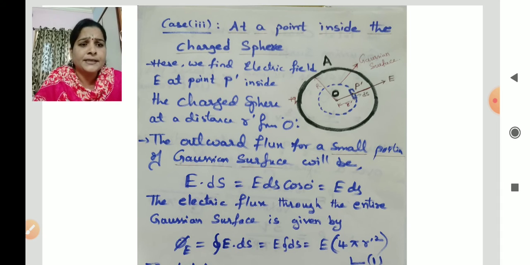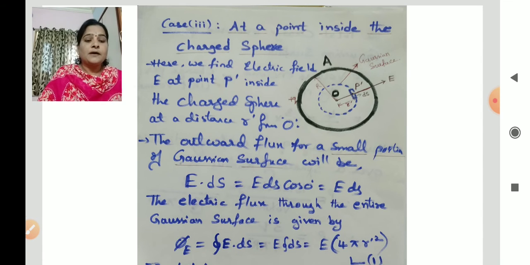Now our point P prime is shifted to a distance of r prime. Let me say that the point P prime inside the charged sphere is at a distance of r prime.